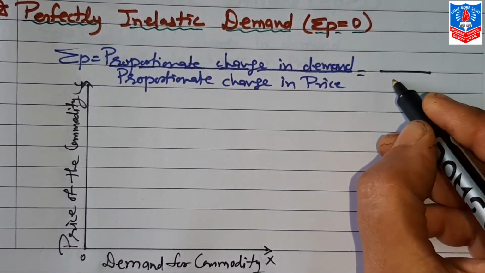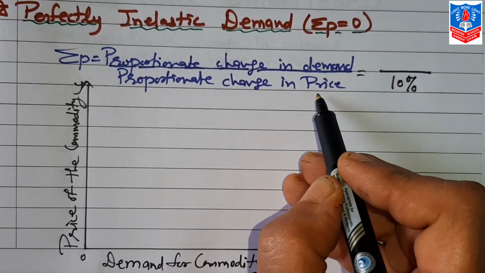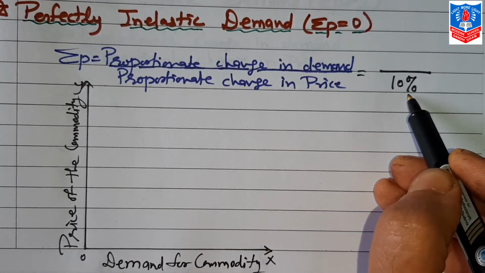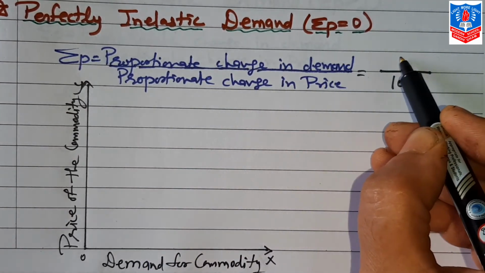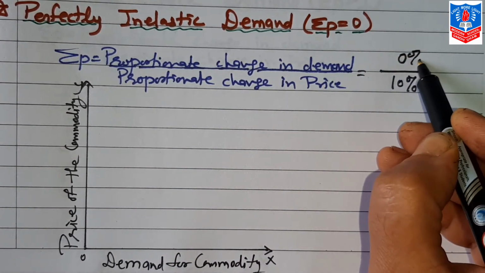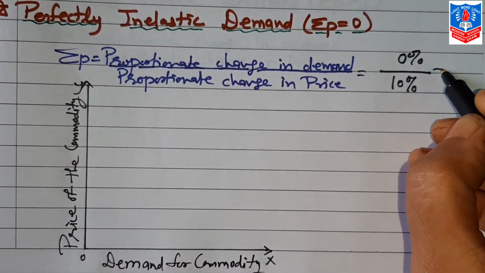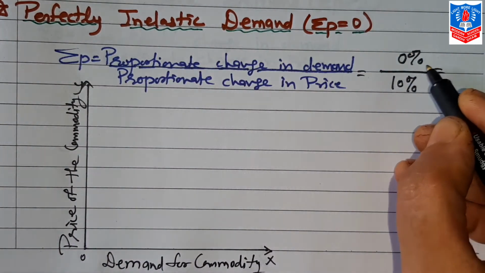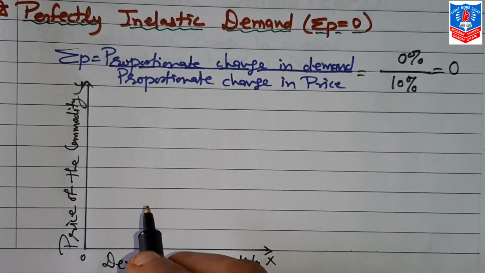As we said, the proportionate change in the price, say 10%, but the change in demand is 0%, no change, it remains fixed. That is known as perfectly inelastic demand, and obviously 0% divided by 10 gives 0 only.